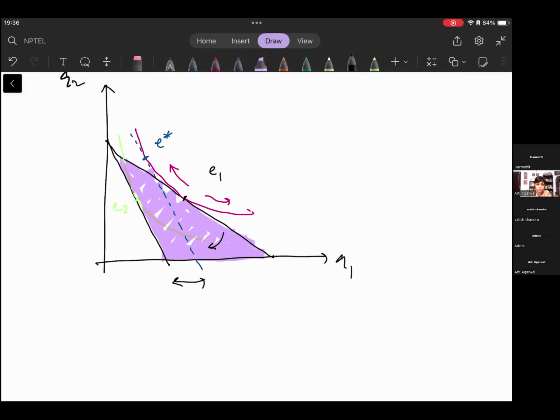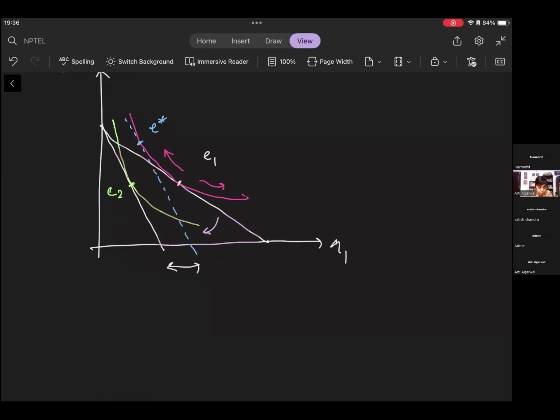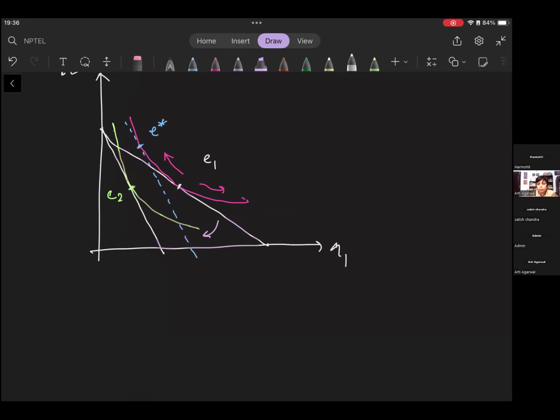This blue dotted line is the imaginary line. Let me show it properly this way. This blue line is the imaginary shift of the budget line, such that you find the new income at which prices are the new prices and you're also at the same utility level, which means we are holding prices. We're not doing something to prices.